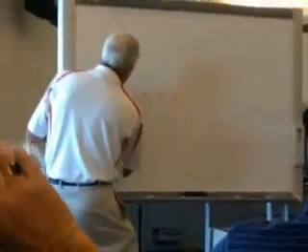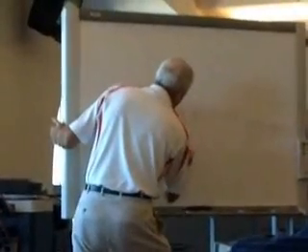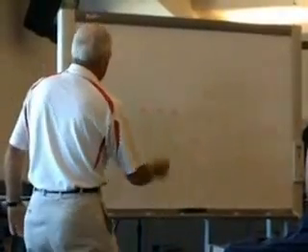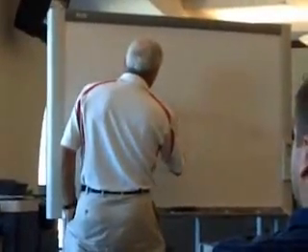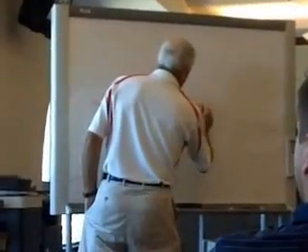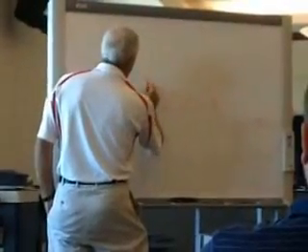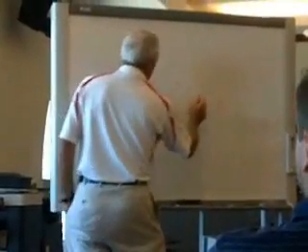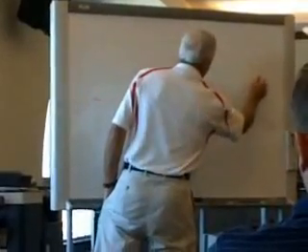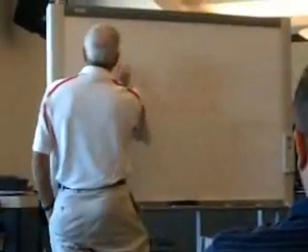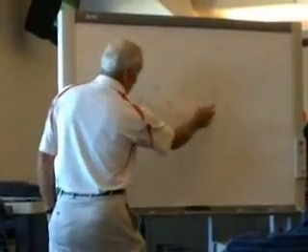Here's what you see a lot of now. I'll put the quarterback back here in the shotgun. What you're seeing a lot of now in defenses is an even front.